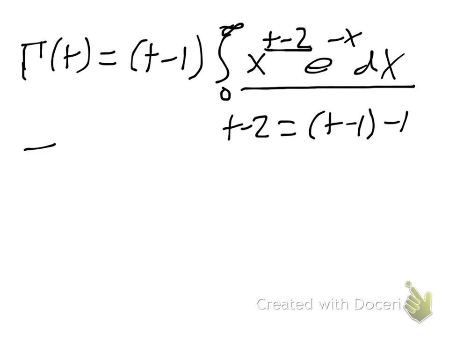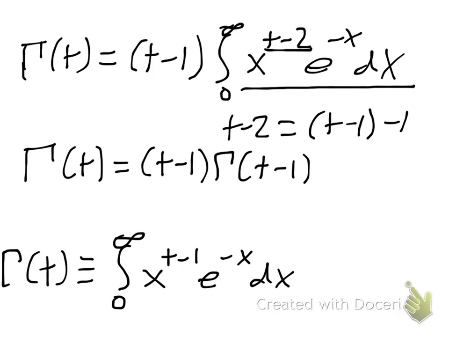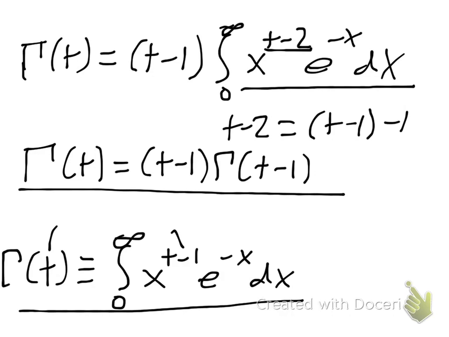So this whole thing says that the gamma function of t is equal to (t-1) times the gamma function of t-1. For if you recall our definition of the gamma function, if you just plugged in t-1 there, this would become t-2. So now we have this recursion relationship that looks eerily similar to the factorial function.